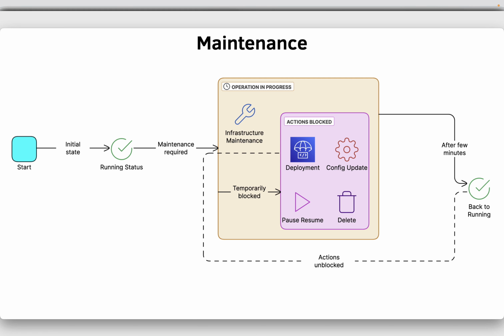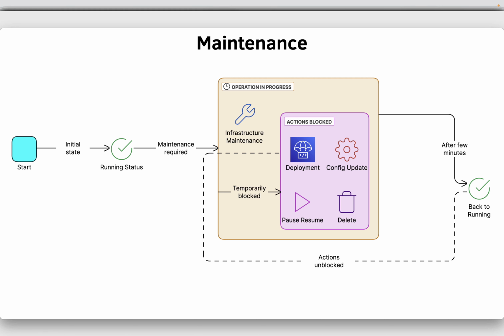Maintenance. It's an activity that App Runner occasionally performs on the infrastructure that runs your App Runner service. When maintenance is in progress, service status temporarily changes to operation in progress for a few minutes. So you will see that in the console.